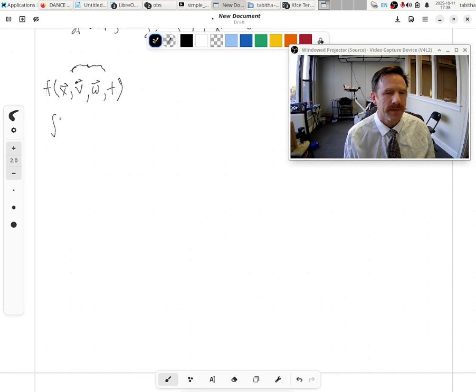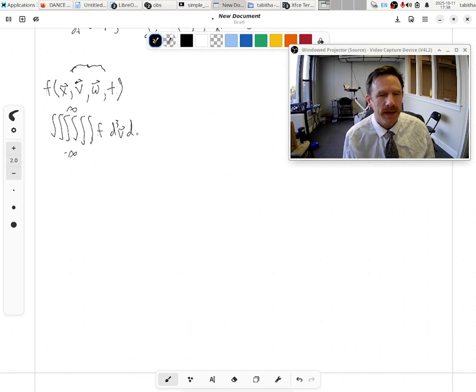So this is going to be an integral over all velocity space and an integral over all momentum space for a total of 6 integrals, all from minus infinity to infinity of our distribution. And this is over dvx, dvy, dvz, and d omega x, d omega y, d omega z. And this, of course, is our density of gyrons at a given location and time.